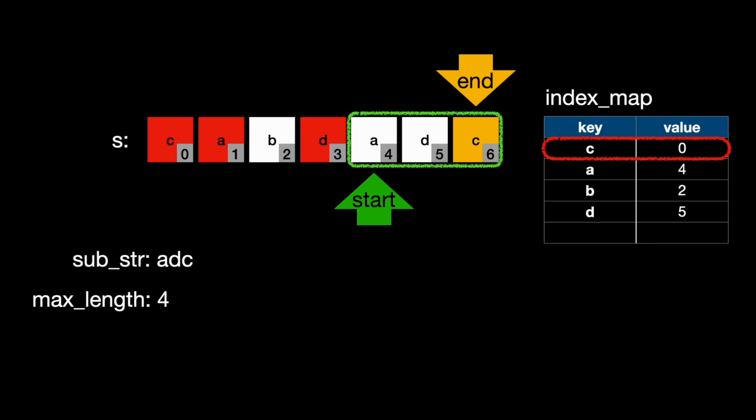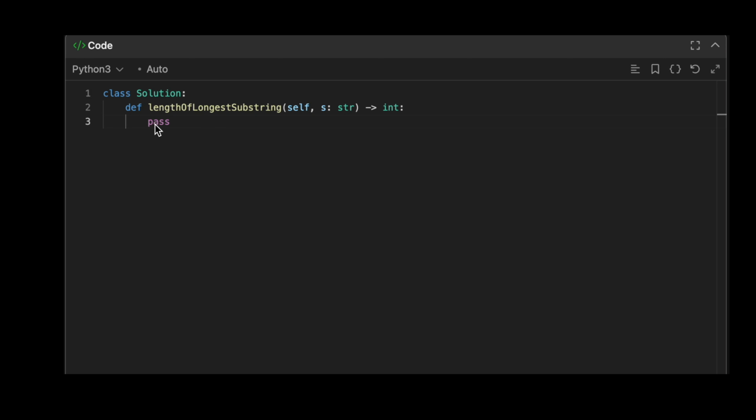C is in the hash map, yes, but it's not in our current substring window anymore. That means we don't treat it as a duplicate. We can safely include it in our substring. So our final substring is ADC. Its length is 3, which doesn't beat our current max length of 4. And we're done.